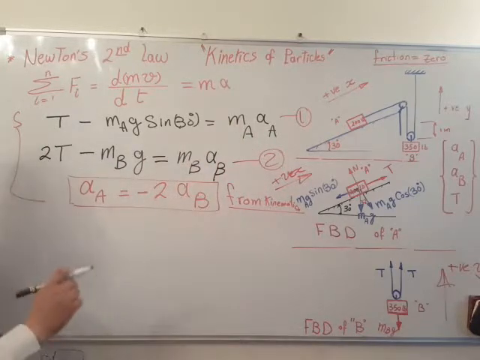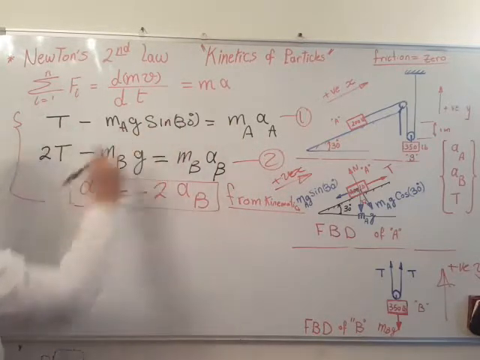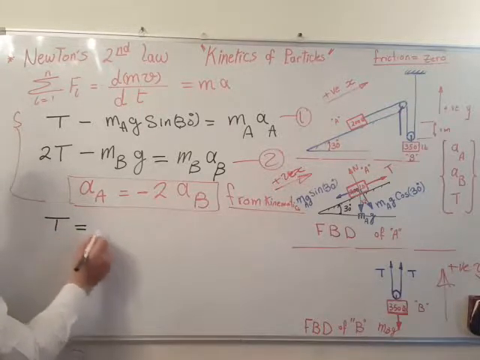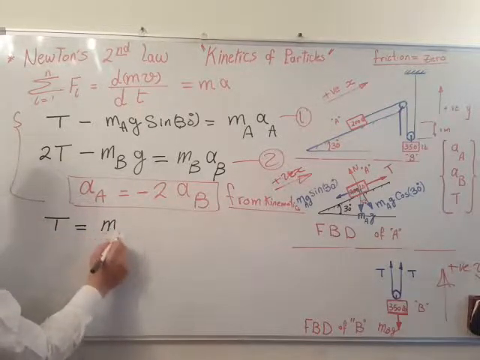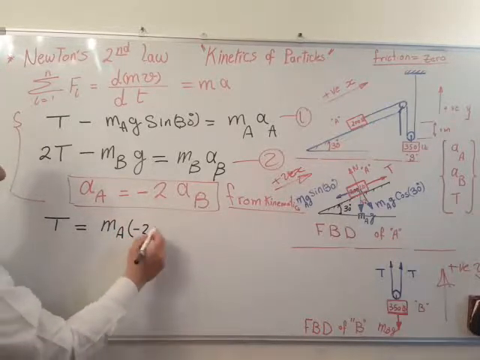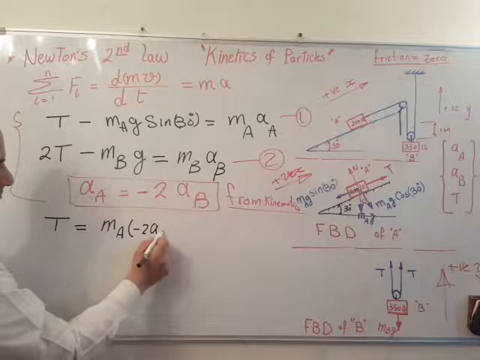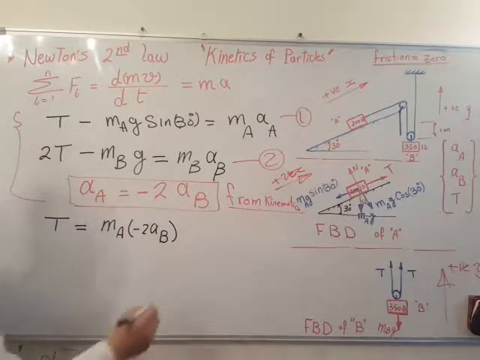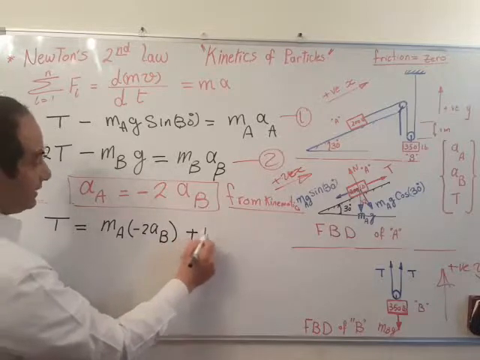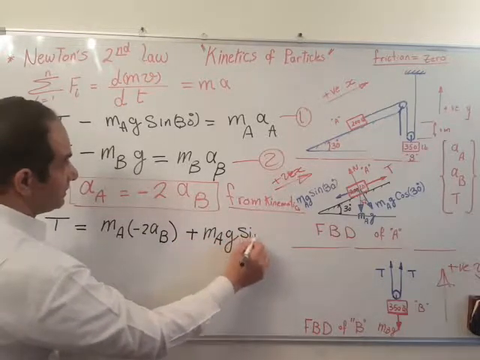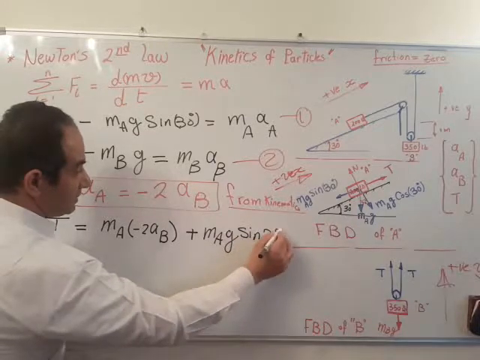We can rewrite equation 1: T equals MA times minus 2AB plus MAG sine 30 degrees.